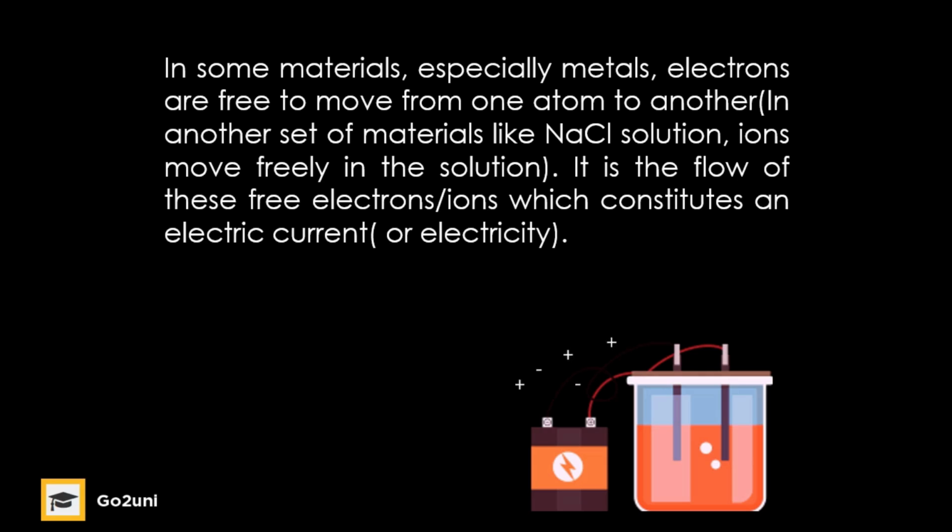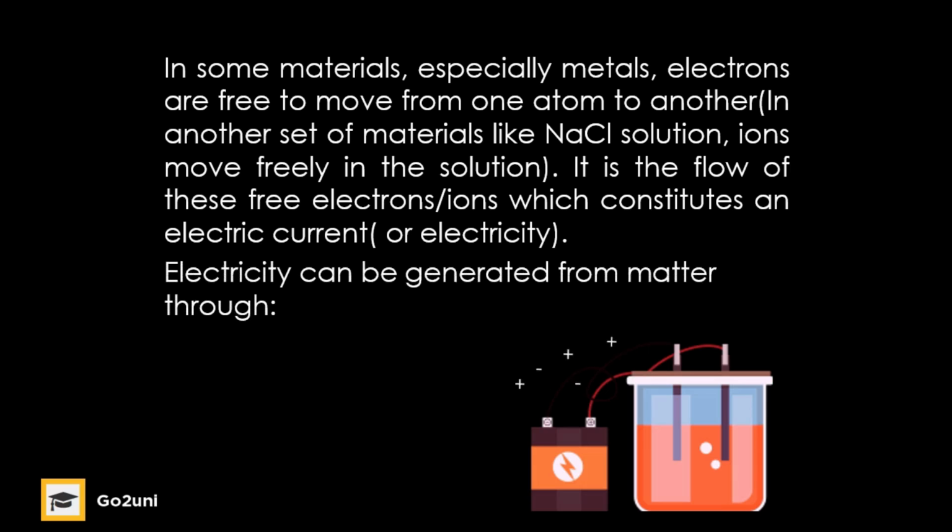On the other hand, there are substances, usually in their aqueous or molten states, which also permit the flow of electricity because they possess species that are called ions. An example of these substances in molten or aqueous state is sodium chloride.